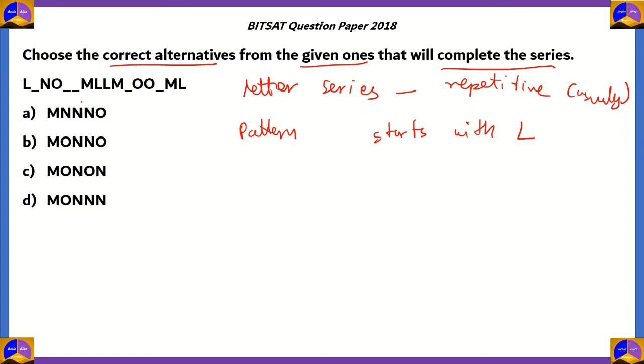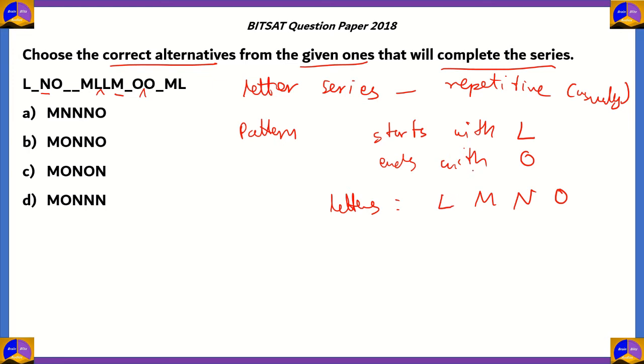And we also notice that this one half of the series ends with O. And we also notice that the other letters are M and N. So they are also present. So the letters here are L, M, N, and O. So this series here is basically the series LMNO, ONML, LMNO, ONML.